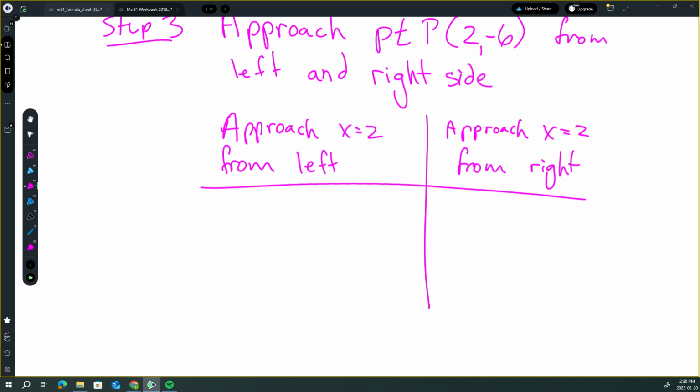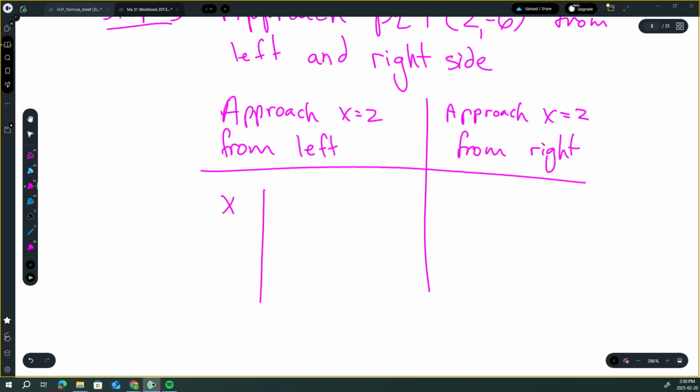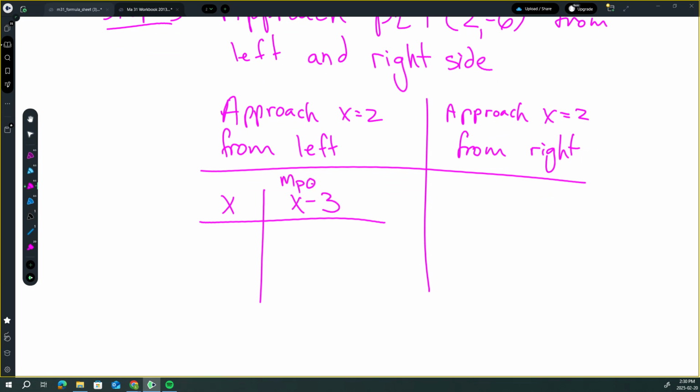So we have our x value, and then we have x minus 3, which comes from the slope of our tangent line.